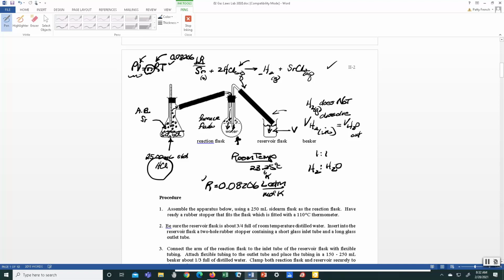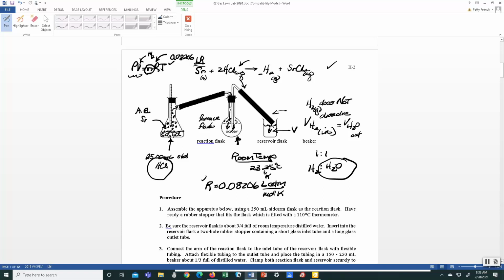And the volume of hydrogen gas we can get from the volume of water that's displaced. Now, there's an issue. If we use the beaker to measure the water, that's not anywhere near accurate enough.